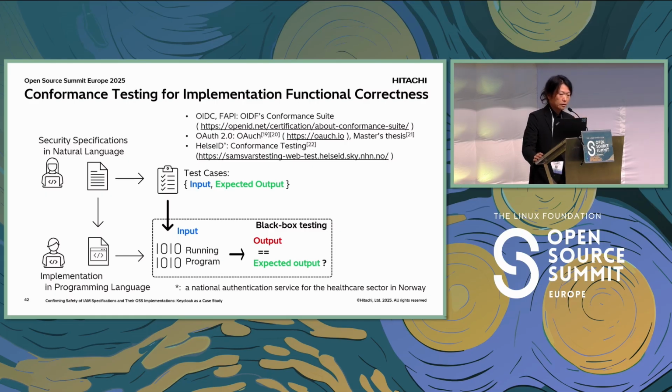All of those conformance testing program suites applied a black box testing strategy, which means that they maybe created the test cases by reading the specifications, maybe manually, and they run the implementation and send a request including the input of the test cases, and observe its response as the output of the implementation.